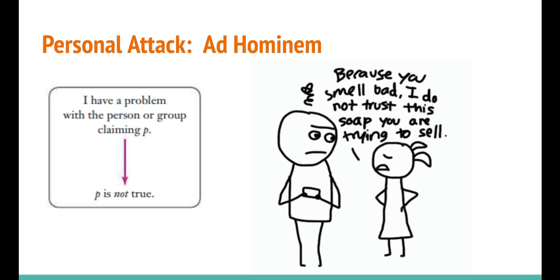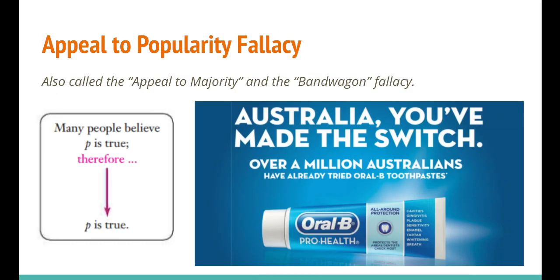So I have a problem with the person or the group, which actually has nothing to do with the item itself. So personal attack, used so much. Just calling somebody an idiot, you can't be right. That would be an example of an ad hominem or personal attack fallacy. Here's another one big in advertising, the appeal to popularity.